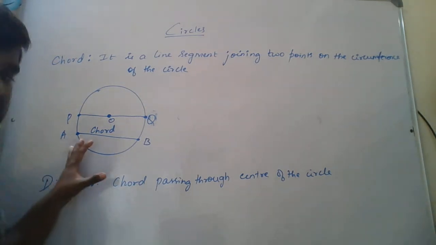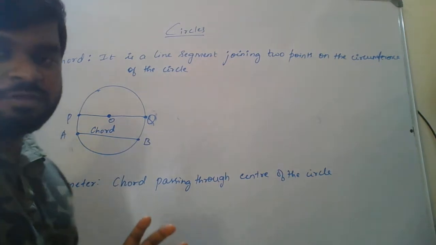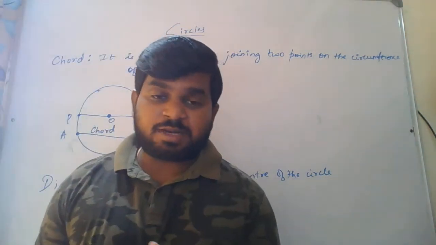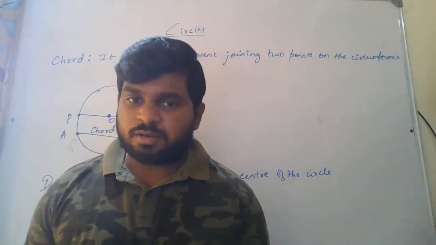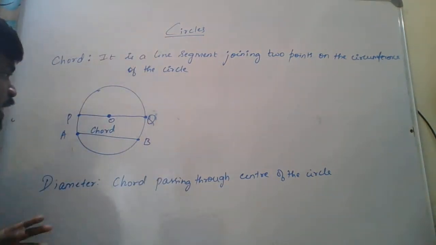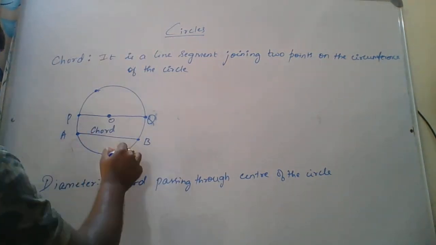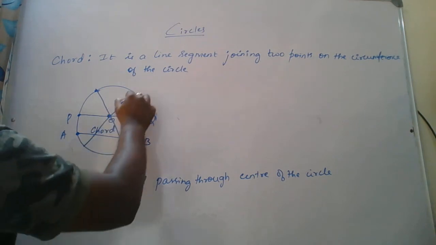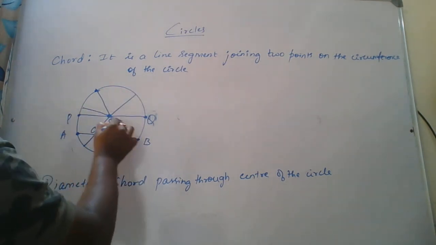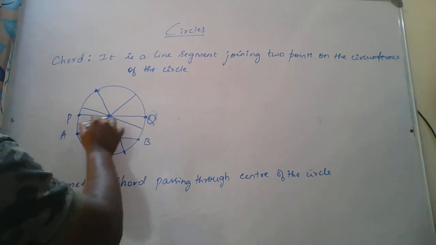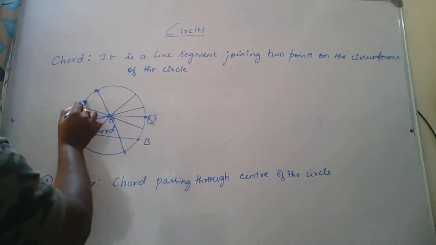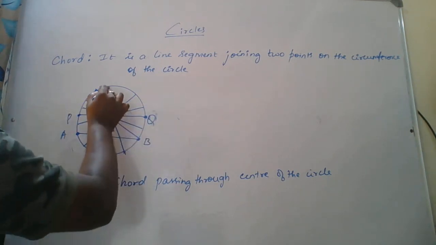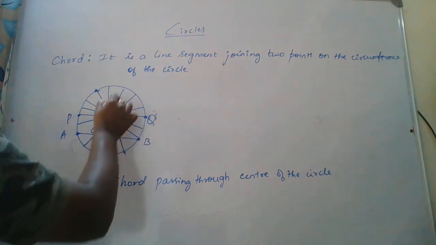For a circle, how many diameters can we have? Think about it. I'll just give you a hint. Let's take a point here and point here. Join it. It's a diameter. This is also a diameter. This is also a diameter. Again, this is also a diameter.